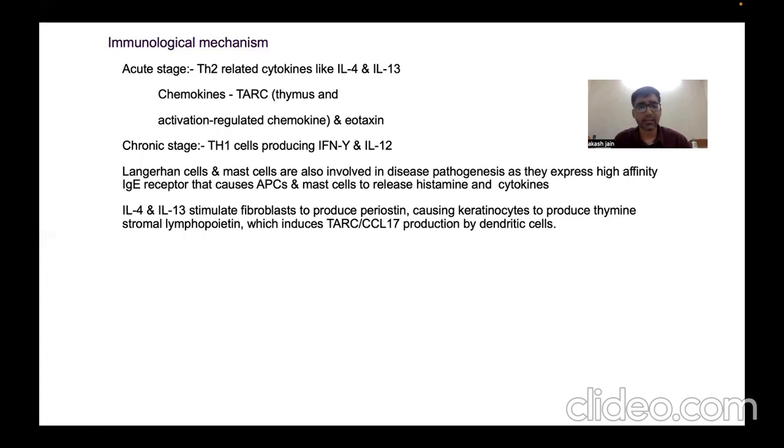Langerhans cells and mast cells are also involved in disease pathogenesis as they express higher affinity IgE receptor that causes antigen presenting cells like Langerhans cells and mast cells to release histamines and cytokines. Interleukin 4 and interleukin 13, which are secreted by Th2 cells, stimulate fibroblasts to produce periostin, causing keratinocytes to produce thymic stromal lymphopoietin, which induces CCL17 production by dendritic cells.